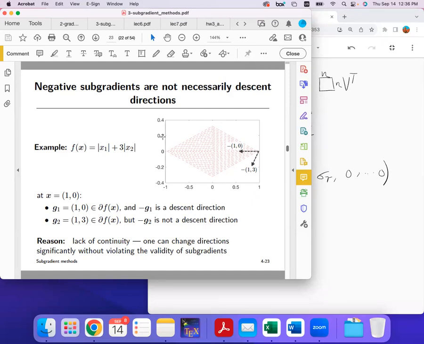For example, for this two-dimensional function, at this point (1, 0), these two are proper subgradients. You can check that with the definition of subgradient, that inequality. These two are subgradients, but one of them is pointing toward this direction, the other is pointing toward this direction. And we can see clearly following this direction.